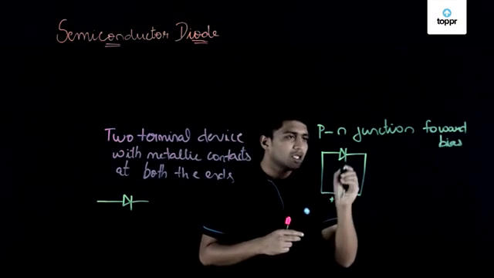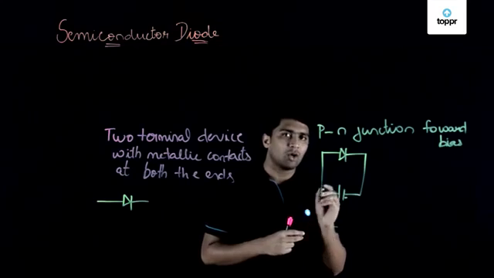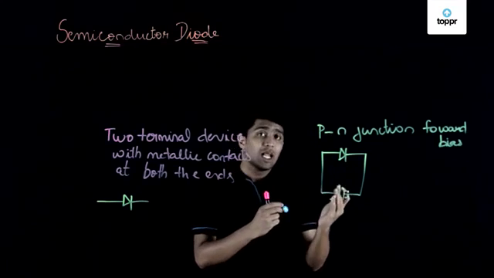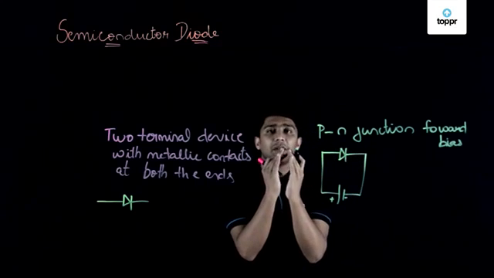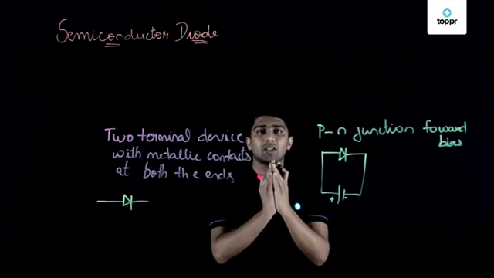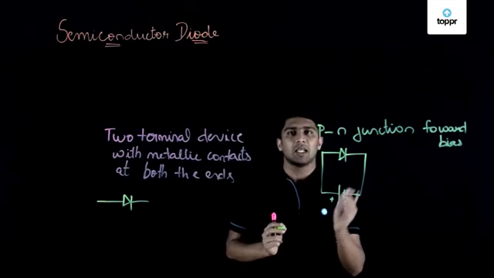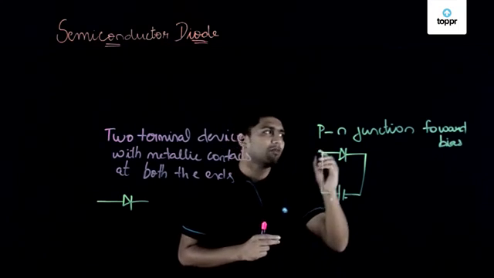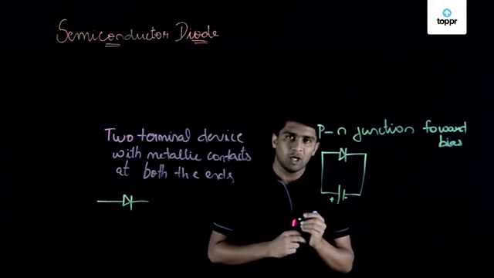So when we apply an external voltage, that external voltage will be in the opposite direction. So what will happen? The width of the depletion layer will decrease. As the width of the depletion layer decreases, there will be more conductivity. That is how we make use of a PN junction diode in forward bias.